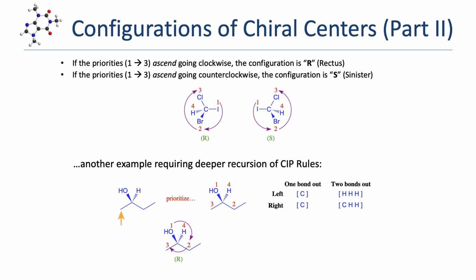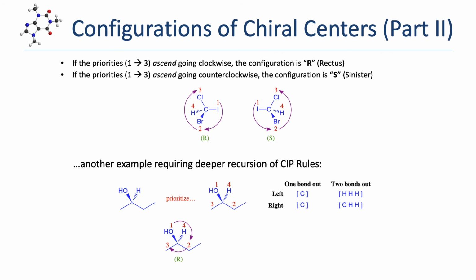So on the left side, that methyl carbon is bonded to 3 H's. So we create a list of HHH, and we would order that in terms of decreasing atomic number, but they're all hydrogens. Looking at the first carbon of the ethyl group, that carbon is now bonded to 2 H's and another carbon. So we create a list and we order it again in decreasing order of atomic number, so that would be CHH.